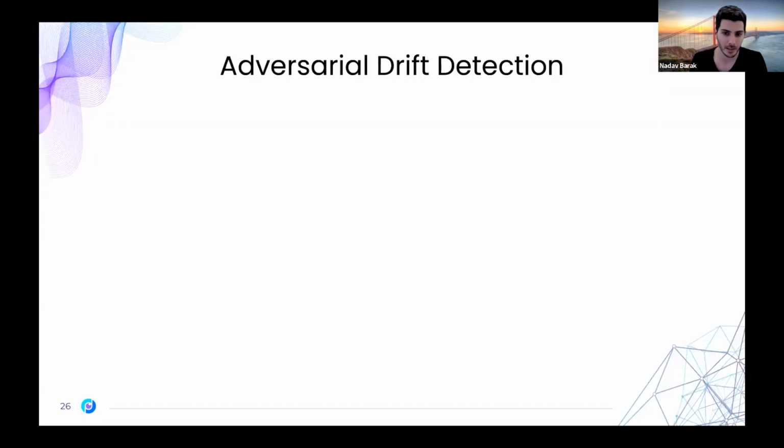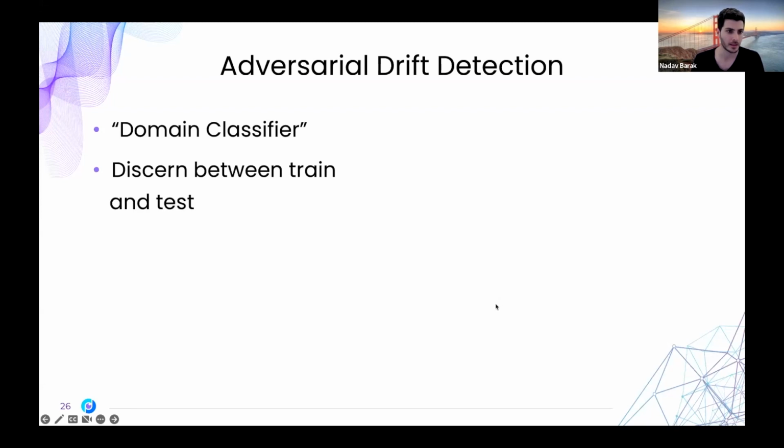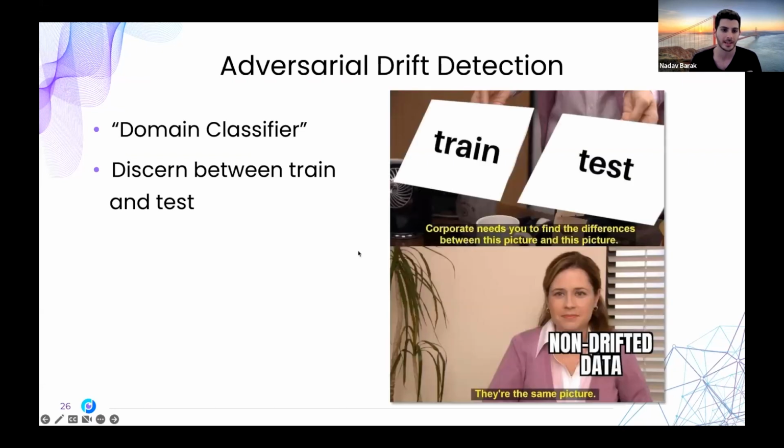The first thing that we are planning on adding is what we call a domain classifier, basically adversarial drift detection. We want to create a check that verifies whether or not the actual text has changed. Instead of looking at the properties or the metadata, or trying to get a model overview of whether or not the data has changed using the prediction, we want to look at the data itself.